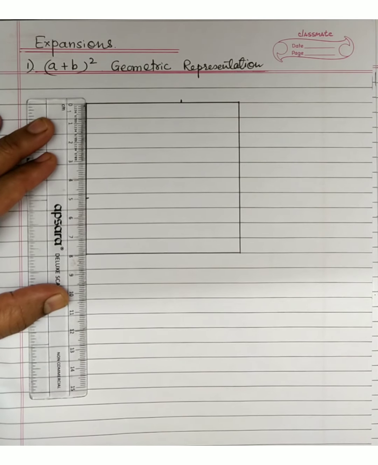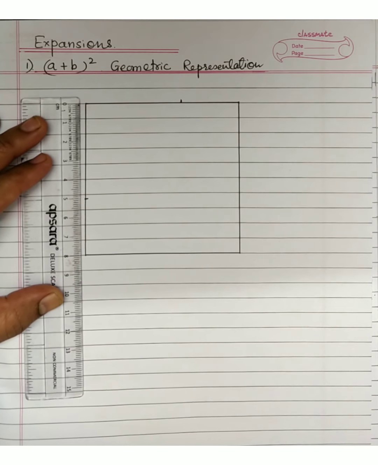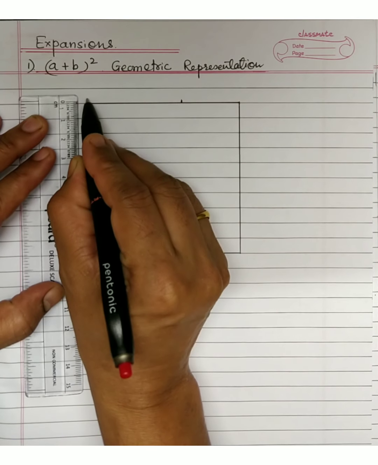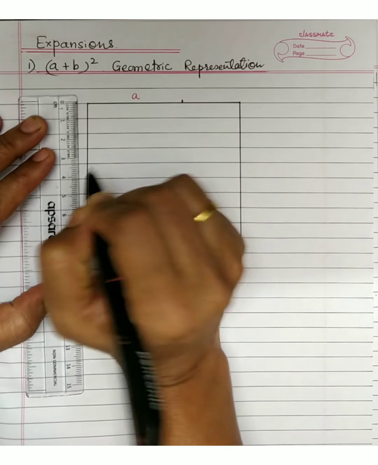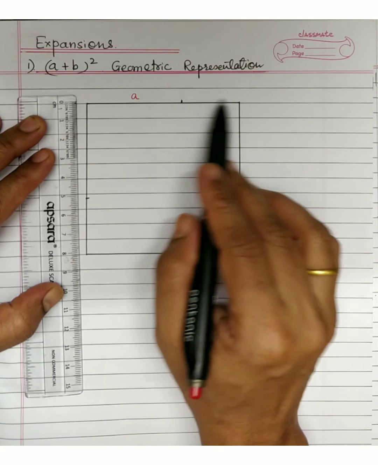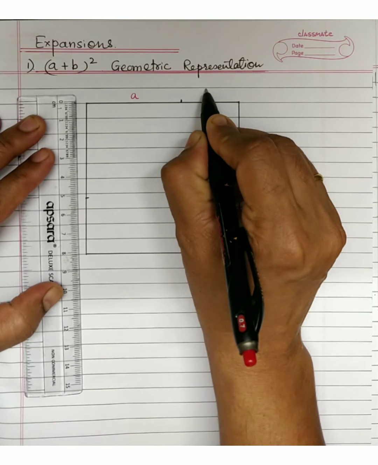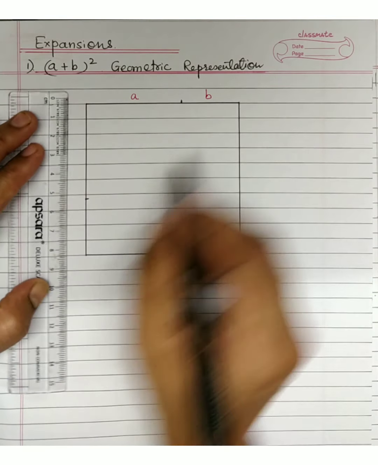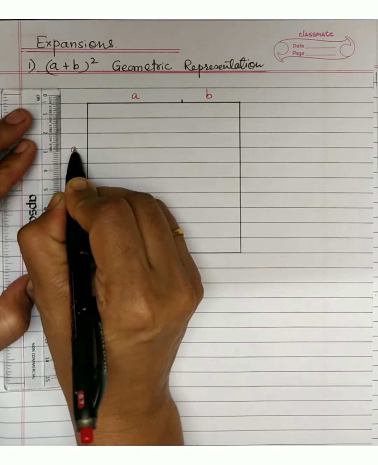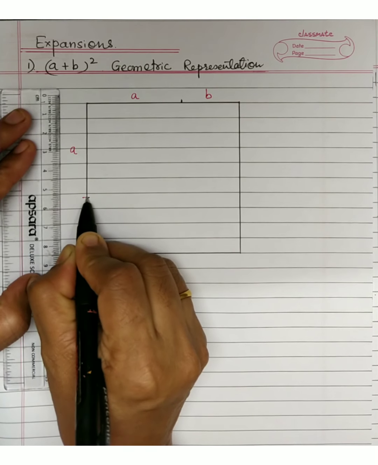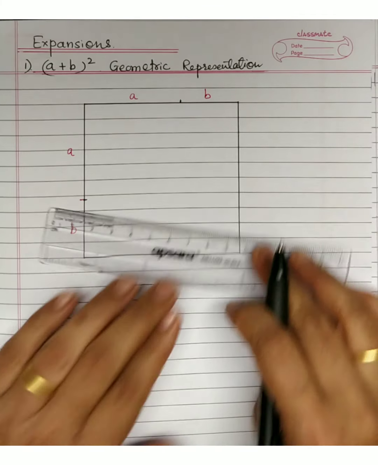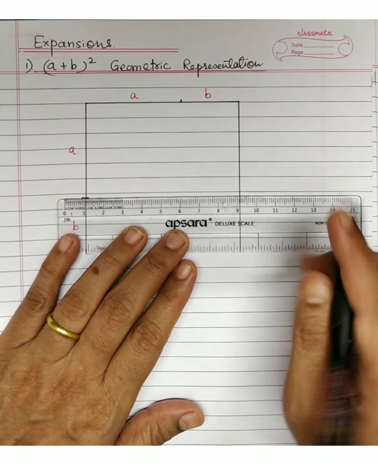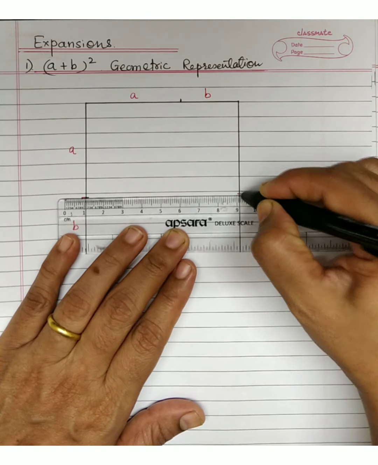Starting from this point, let this length be a, and the remaining length be b. Likewise you can have the division over here as well.